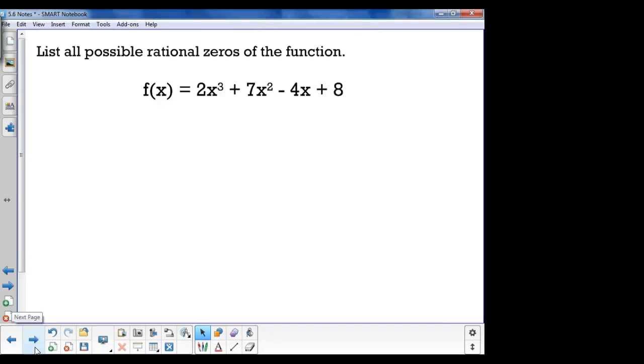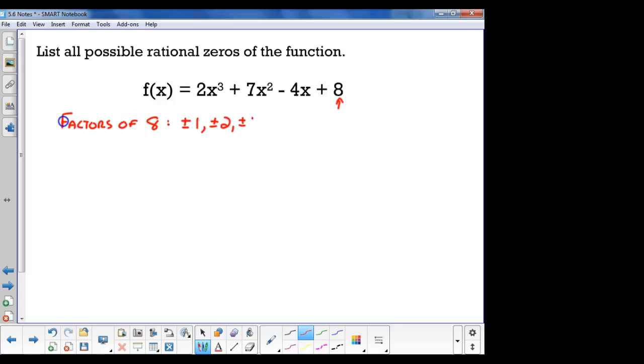And we're back. So we have factors of 8, right? That's my last number, so that's going to be 1, 2, 4, and 8, correct? Then I've got factors of 2, which are 1 and 2.